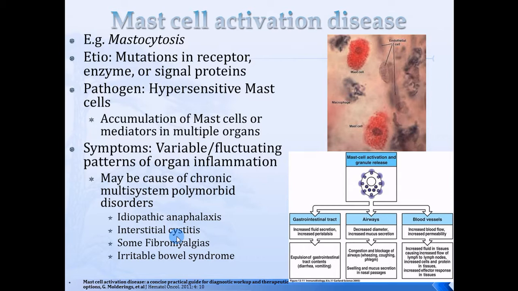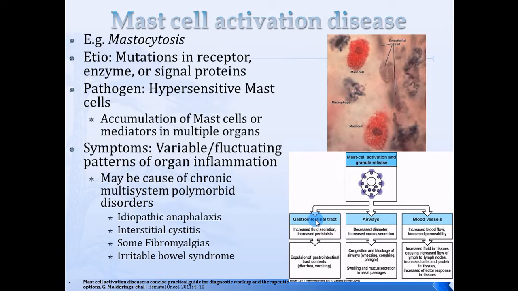So the mast cells have a tendency to open up blood vessels, they have a tendency to constrict airways, they irritate the GI tract, they affect blood vessels. So when you have too many mast cells that are overactive, you're going to see effects in the GI tract. So they're thinking that some types of irritable bowel syndrome may actually be a form of mastocytosis.